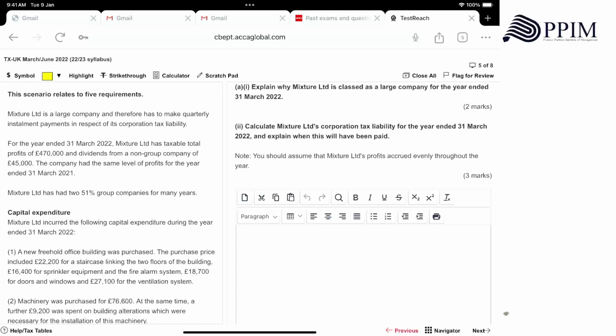Dividend is used for this one. Augmented profit rate. Since we don't have to find the tax rate, we don't have to take care of augmented.